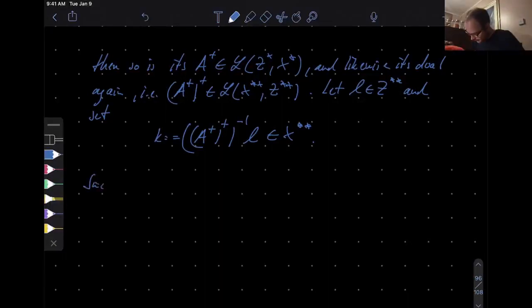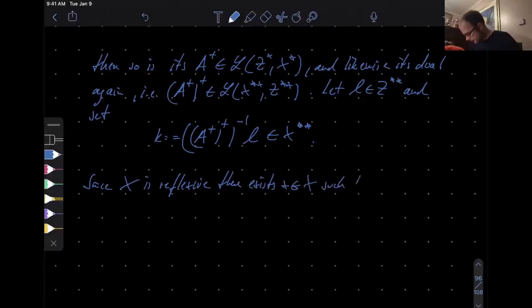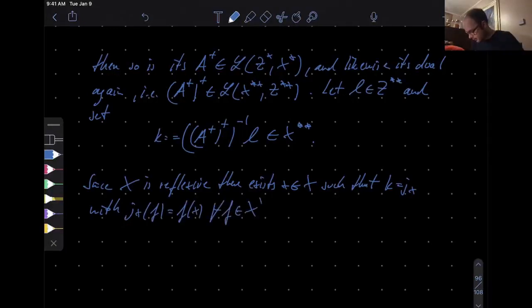But since you know something about the bidual of x, because x is reflexive, there exists x in x such that k is equal to j sub x, with the usual j sub x of f equal to f of x for all linear functionals on x.